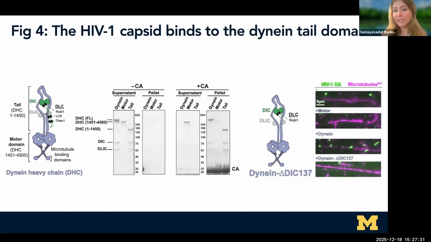Interestingly, I found a significant reduction in the recruitment of the dynein to the HIV on the microtubule with the full dynein complex, compared to when I'm using dynein delta DIC 137. So in other words, this specific region of dynein plays a major role in these interactions. We are doing further study to figure out how this interaction is happening, but it's by itself a big project that's going on.